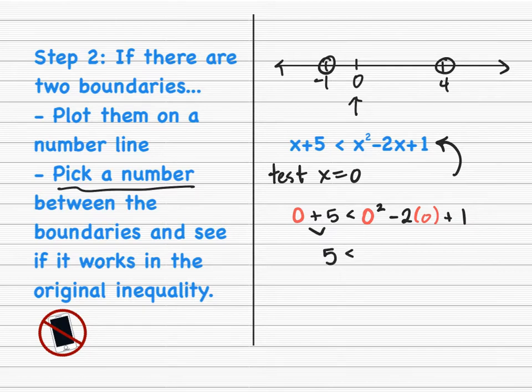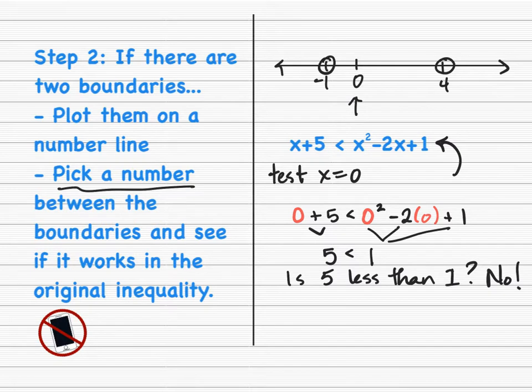I've dropped down my less than sign. 0 minus 0 plus 1, all I've got left on this side is 1. So what you want to look at then is 5 less than 1, and no, it's not.